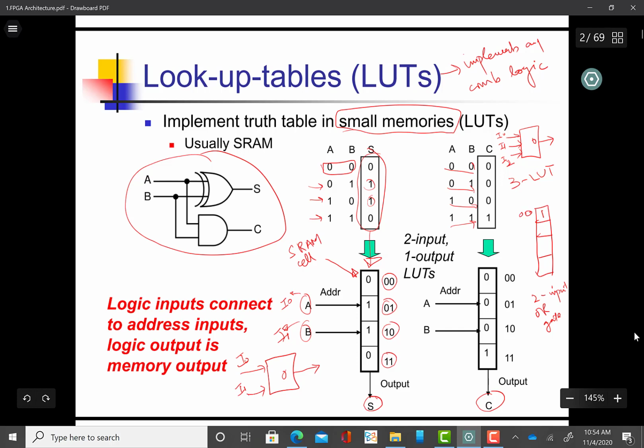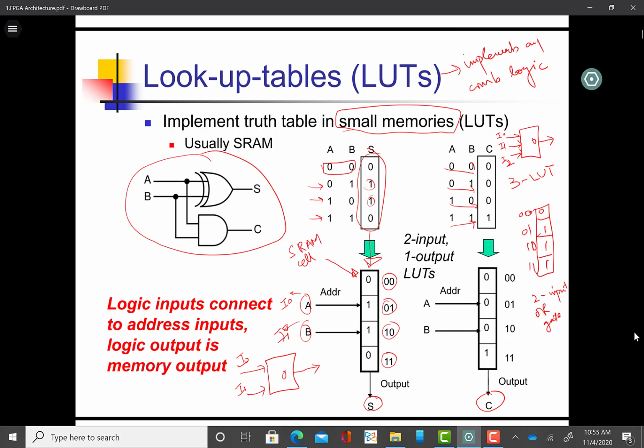So on the 0 0 location I store a 0, on the 0 1 location I store a 1, on the 1 0 location I store a 1, and on 1 1 I store a 1.